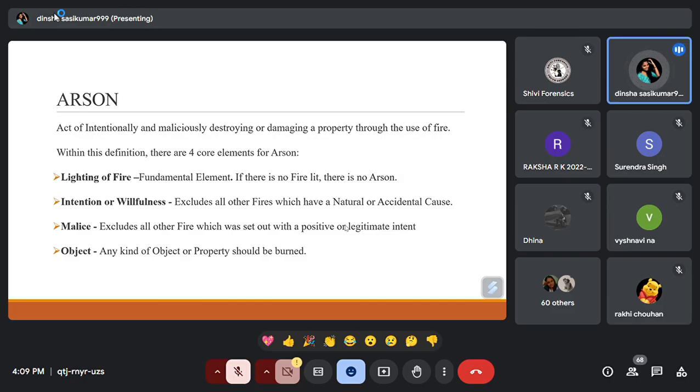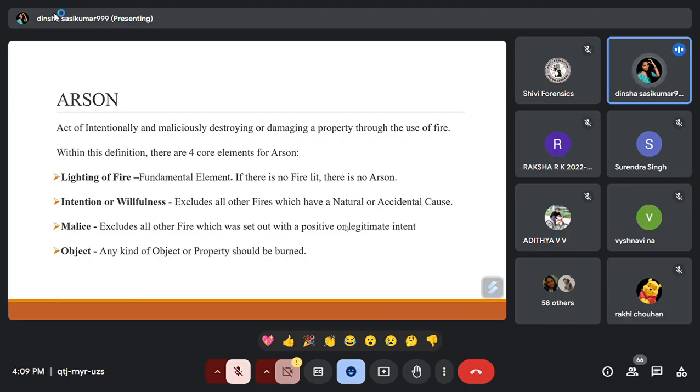We know that some of the accidental fires or fires set by human beings may have a legitimate or positive intention, or we may get some positive outcome. But in arson, the intention to start the fire is always malicious, to damage or to cause destruction to a property.